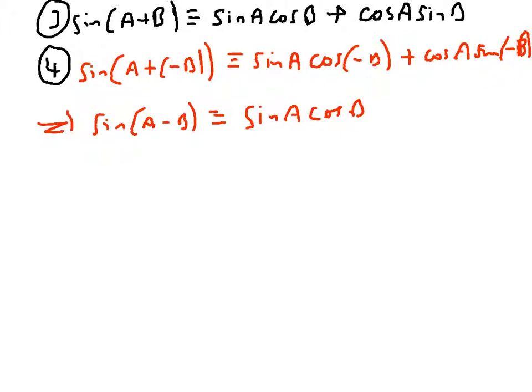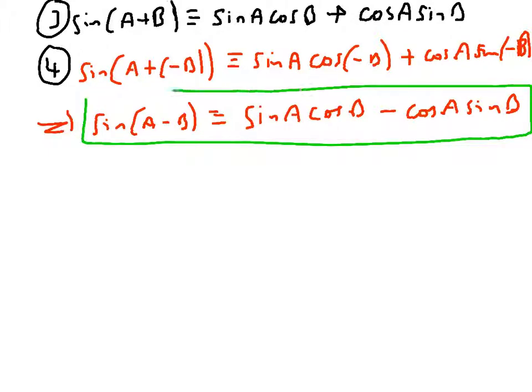This time though, sine of minus B, odd function, makes it a minus sine B, so I get minus cos A sine B. And there we go. There are my 4 main identities involving cos and sine.